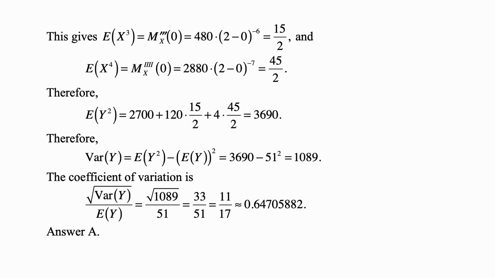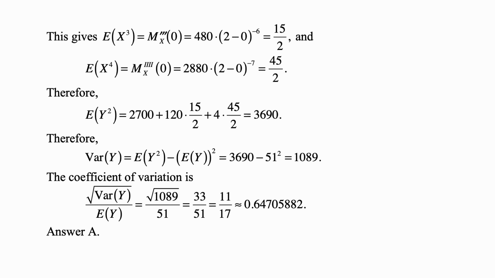Well, then E of X cubed is the third derivative evaluated at 0, so it's 480 times 2 minus 0 to the negative 6, which is 15/2, and the fourth moment is the fourth derivative evaluated at 0. That's 2880 times 2 minus 0 to the negative 7th, and that's 45/2.